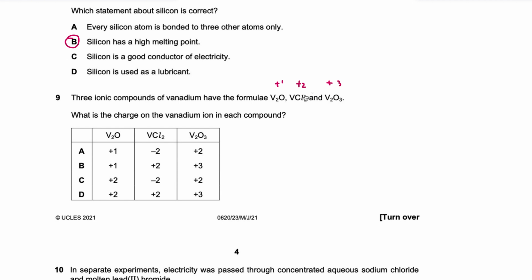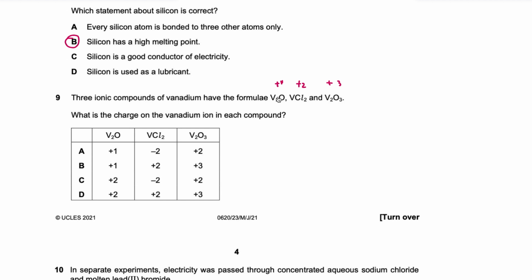The charge is coming from what it is bonded with. The oxygen is 2, and the vanadium is 1. When you do the charge exchange, it gives the compound.